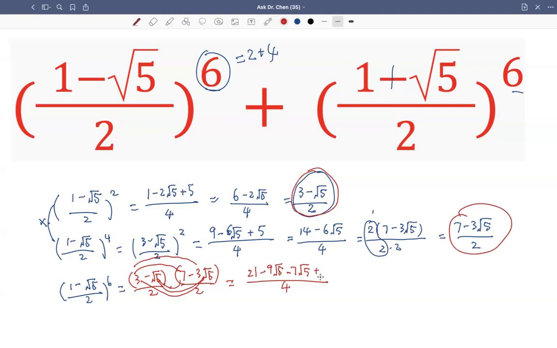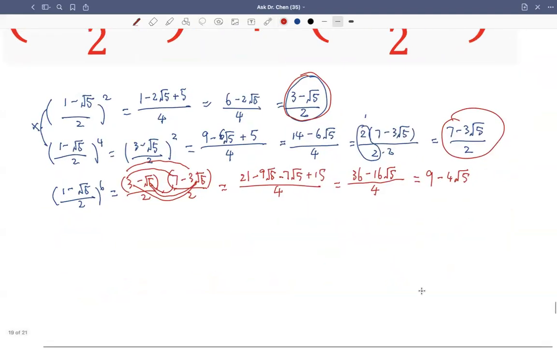We get a plus, negative times negative is plus, 3 times 5, because square root 5 squared is 5. 3 times 5, 15. So we have 21 plus 15. Well, denominator is 4. 21 plus 15 is 36. Minus 9 radical 5 minus 7 radical 5, 9, 7, 16, minus 16 radical 5. Well, 36 divided by 4, that's 9. 16 divided by 4, that's 4. So that's 9 minus 4 radical 5.